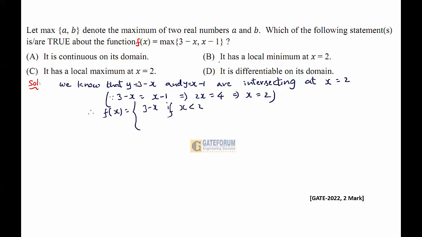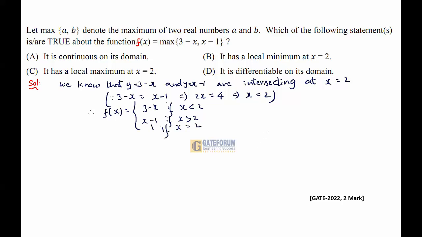Similarly, take values of x greater than 2. One example, x is equal to 3, substitute here: 0 and 2. So the maximum of this is x minus 1. Okay, x minus 1 if x is greater than 2. When x is equal to 2, both are equal, so that is 1 if x is equal to 2.